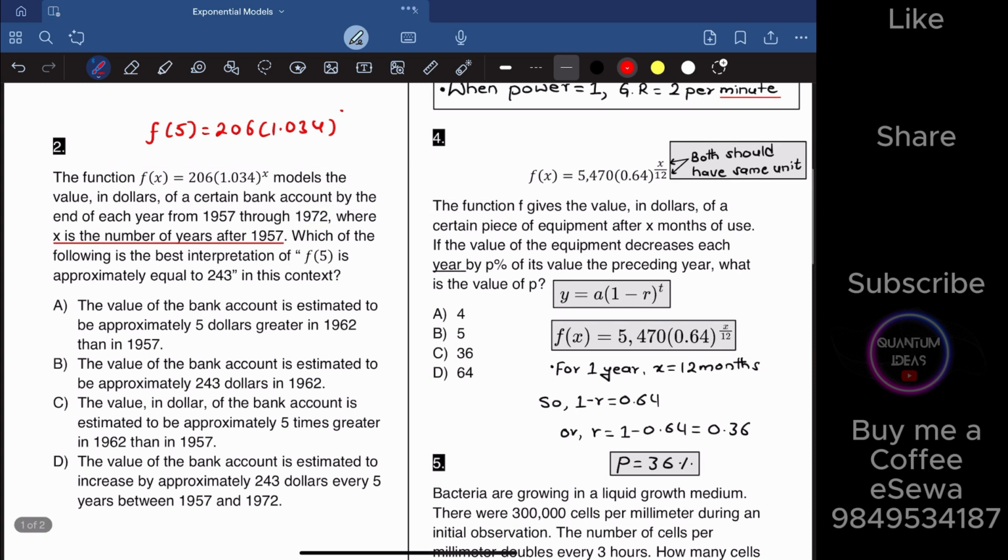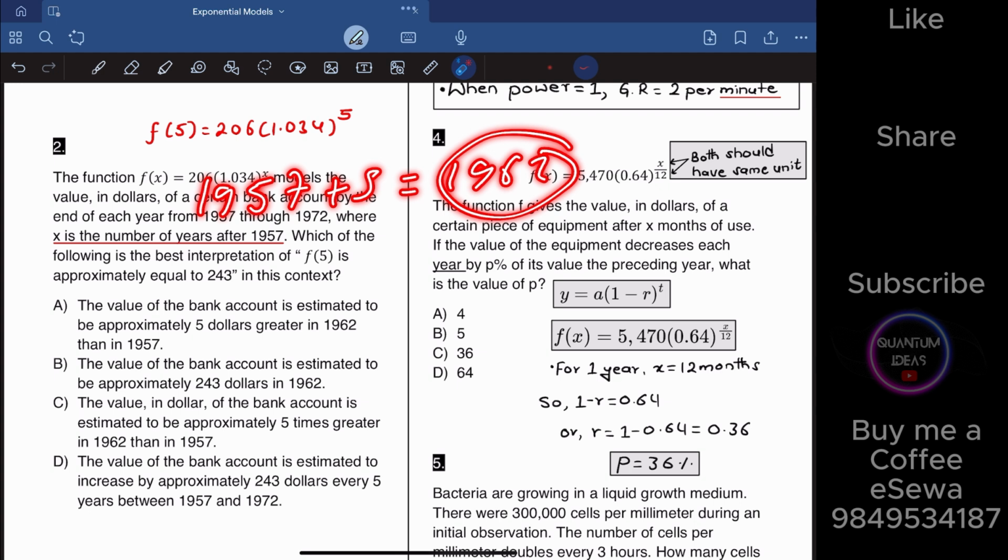So we have to interpret it here. x is the number of years after 1957, so if you add 1957 plus 5 years, that is 1962, right? So basically this is the money at 1962.